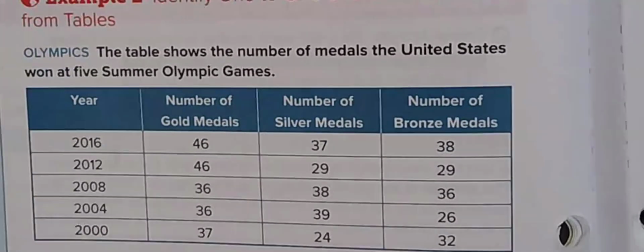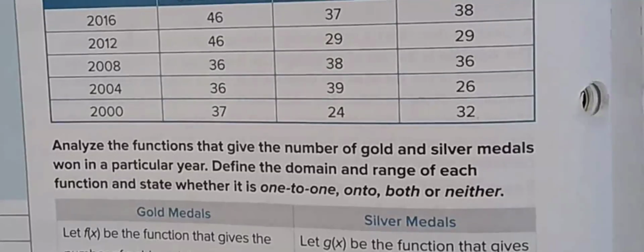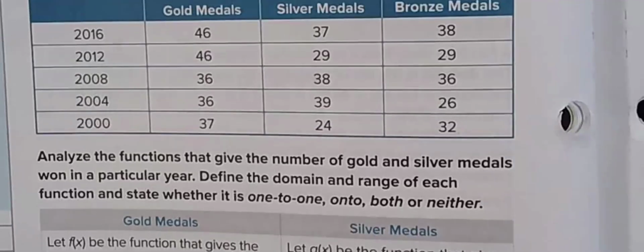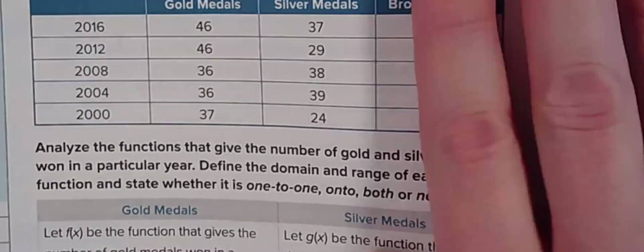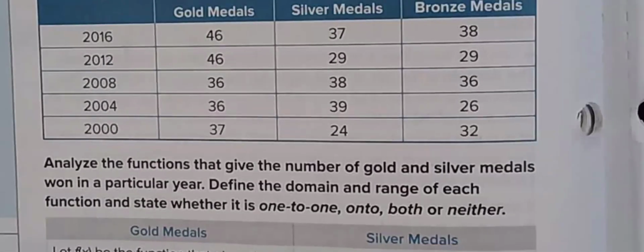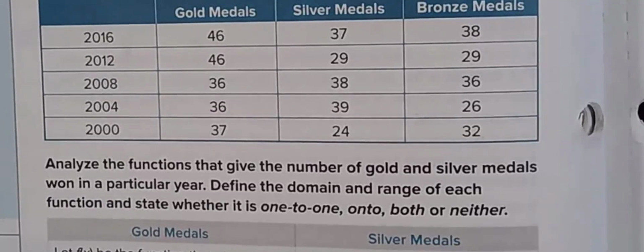So we are going to analyze the functions that give the number of gold and silver medals won in a particular year. So basically, everything together. We're going to define the domain and the range of each function, state whether it is one-to-one, onto, both, or neither.